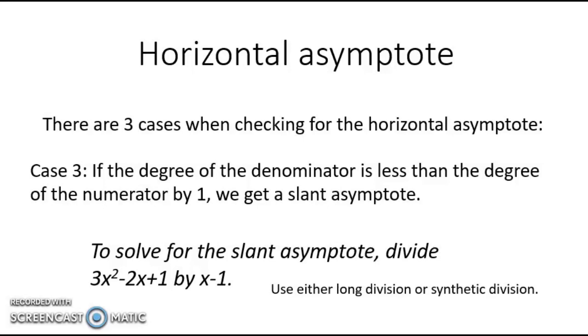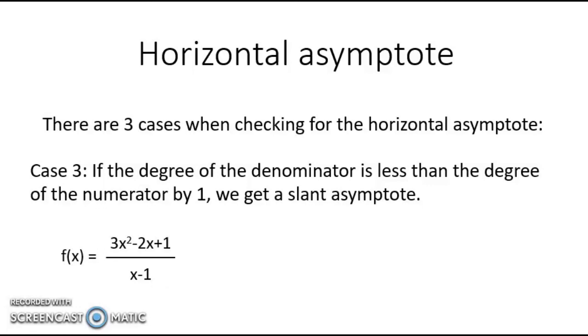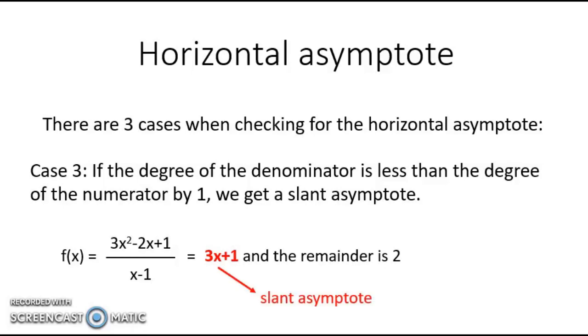So if you divide 3x squared minus 2x plus 1 by x minus 1, the answer is 3x plus 1 and the remainder is 2. Now 3x plus 1, that is the slant asymptote. Okay, the quotient is the slant asymptote.